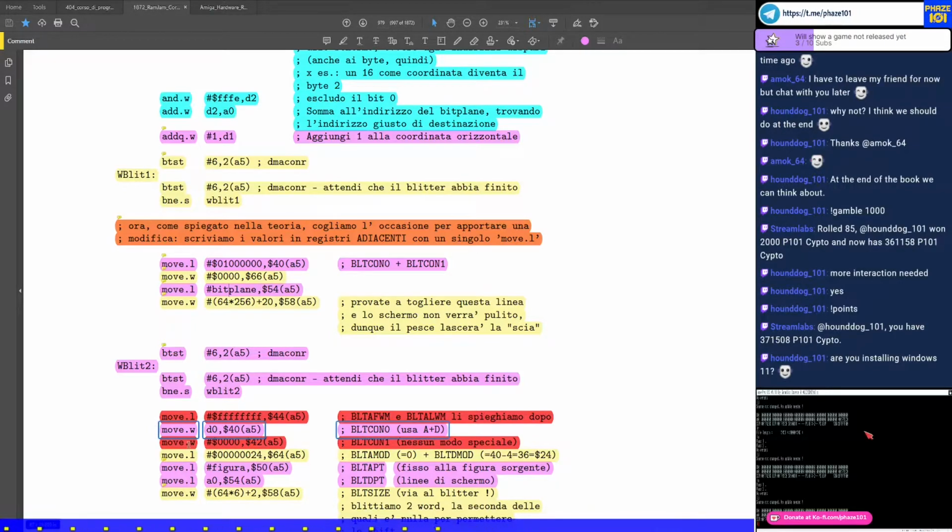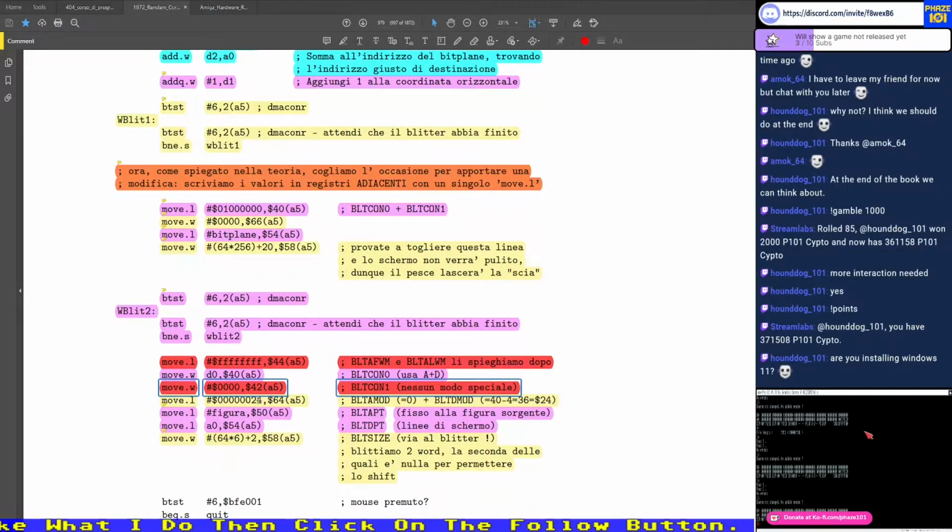Then once we have that, we can set the value of blitcon 1, where we are not using any special mode for the blitter, so it's always 0. We will cover those later.